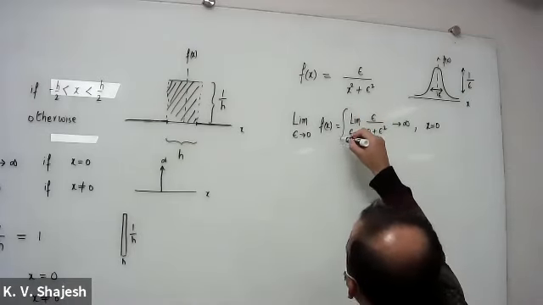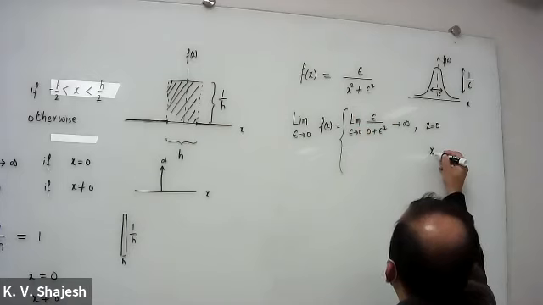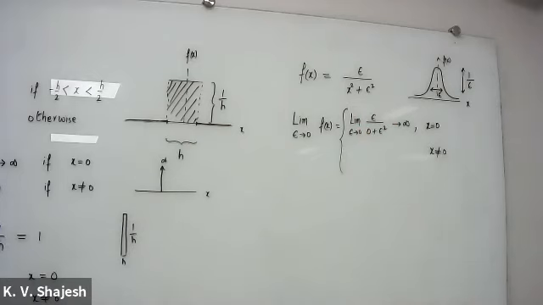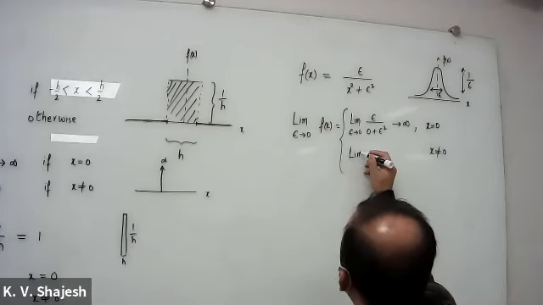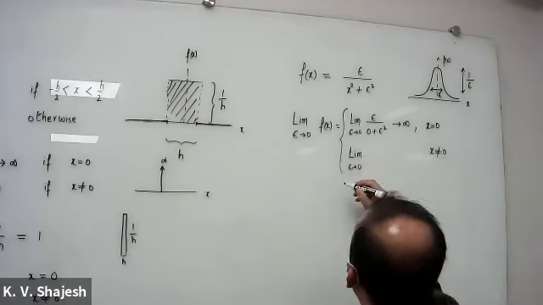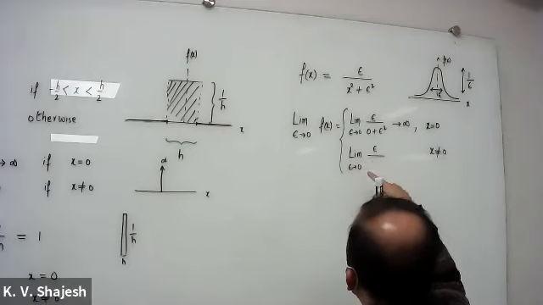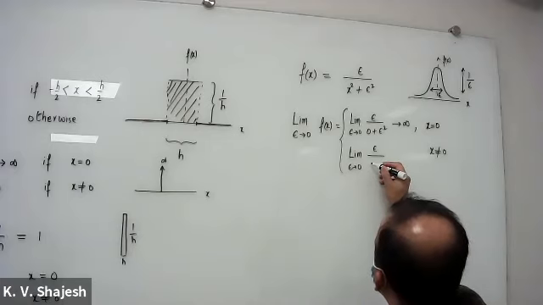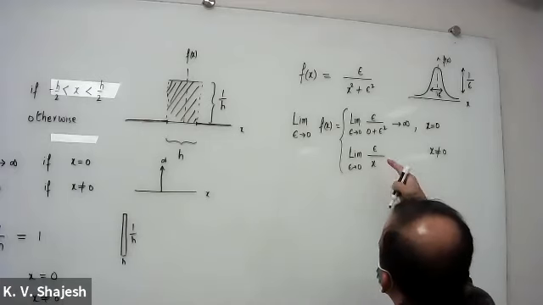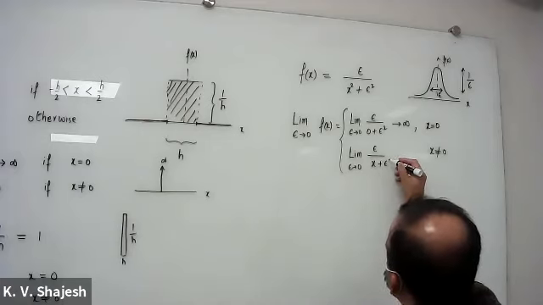But now let's do the case x is not equal to 0. Again you take the limit epsilon tends to 0 of epsilon over x square plus epsilon square. Now x is not 0, it could be negative or positive, but if it is not 0, you can always neglect epsilon square.